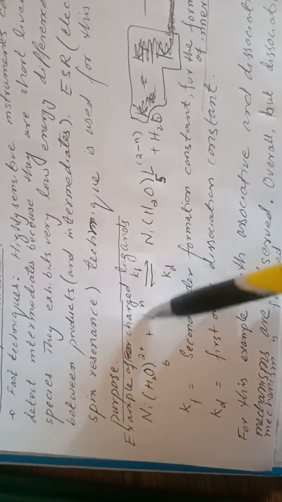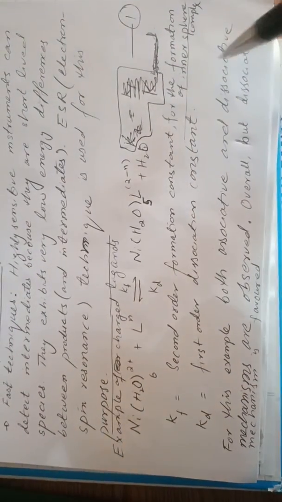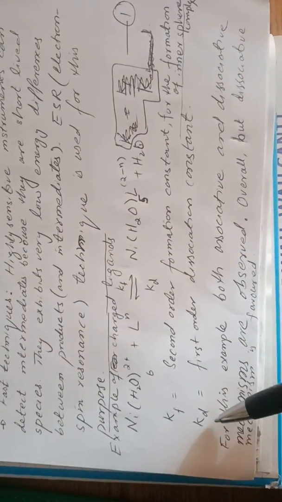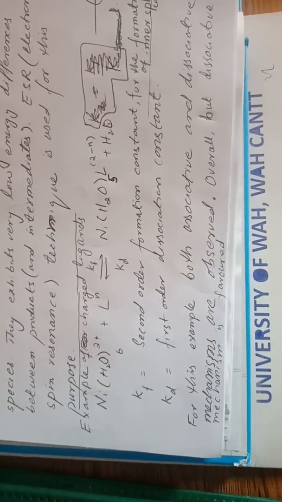So this ligand is replacing one water molecule in a forward direction, that is the second order formation constant for the formation of inner sphere complex, and the Kd is the first order dissociation constant as the process of ligand exchange is reversible. And for this example, both associative and dissociative mechanisms are observed, and overall dissociative mechanism is favored.